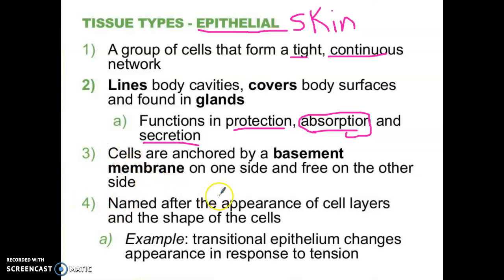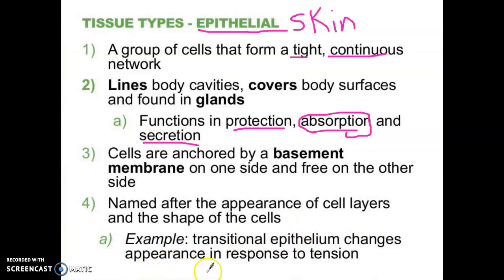So these cells are anchored by some sort of basement or underlying membrane on one side, free on the other side. And we have lots of different types of epithelial. And it kind of says they're named after appearance, and so we're going to go into some detail on that just in the next few slides.